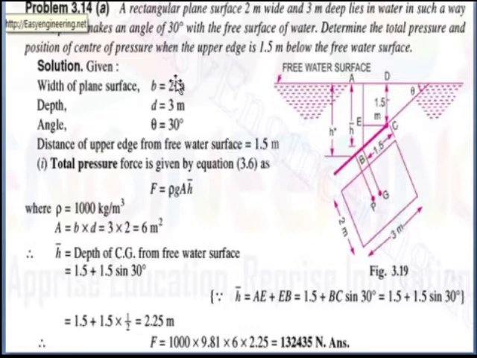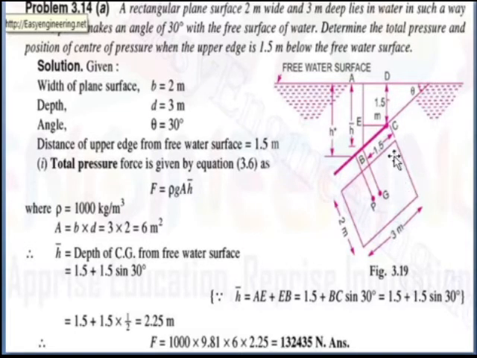What they have given in the example: a rectangular plane surface which is immersed in the liquid and inclined at an angle of 30 degrees with the free surface of water.